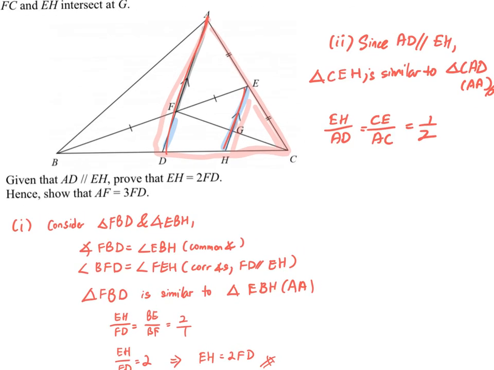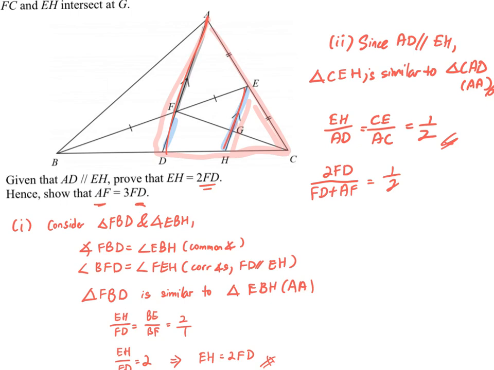The nice thing is, because we are trying to show FD and AF, from earlier EH can be written as 2 times FD, and AD is basically FD plus AF, which is equal to half.